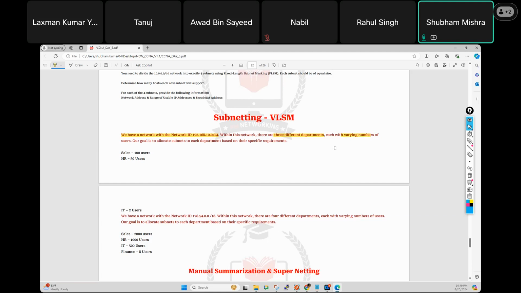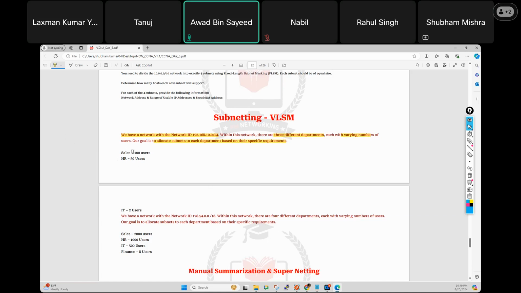What is your goal? To allocate the subnets according to each requirement. And whenever you are assigning a subnet, you have to keep in mind that you can't waste lots of IP addresses. That is the benefit of VLSM. Is everyone clear?